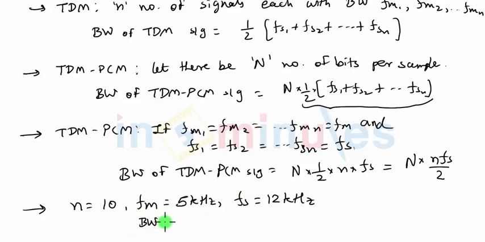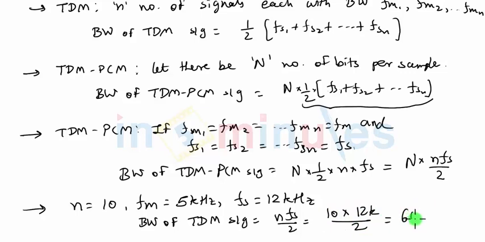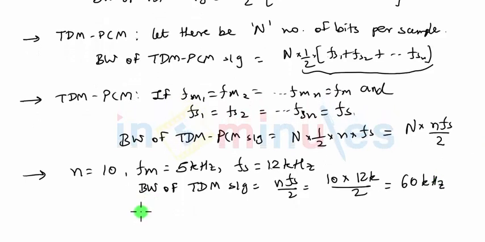In that case, the bandwidth of TDM signal, if I only consider TDM signal, would have been n fs by 2. So n is here 10, fs is 12k, divided by 2, and this will be nothing but 60 kilohertz. If I use a sampling frequency of 10 kilohertz, in that case the bandwidth would have been 50k. But because I'm using a sampling frequency of 12k, I have to consider this modified formula. This is the bandwidth of TDM, so it becomes 60k.